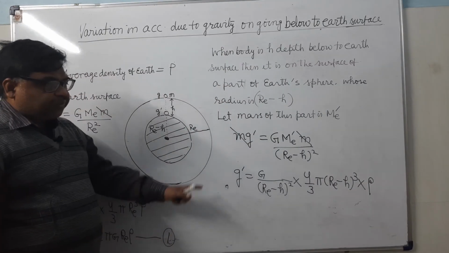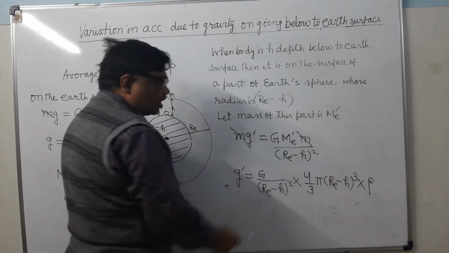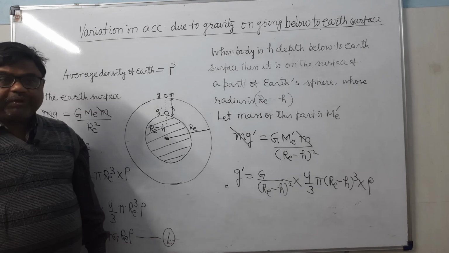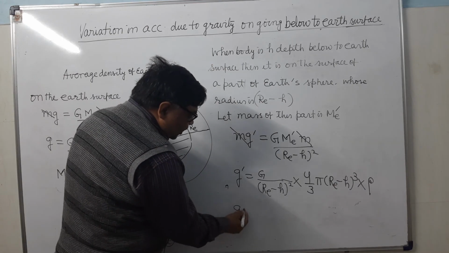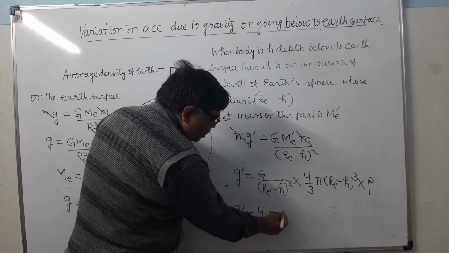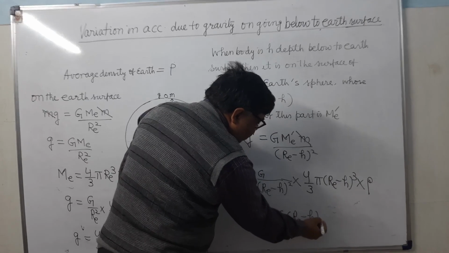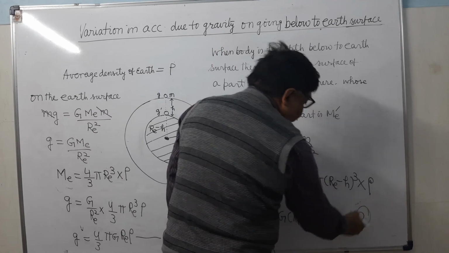So you simplify this. Here it is (RE minus h) whole cube and here it is (RE minus h) whole square. So in numerator what will be left after simplification? RE minus h. So g dash equals 4/3 pi G (RE minus h) into rho. This you can take as equation 2.